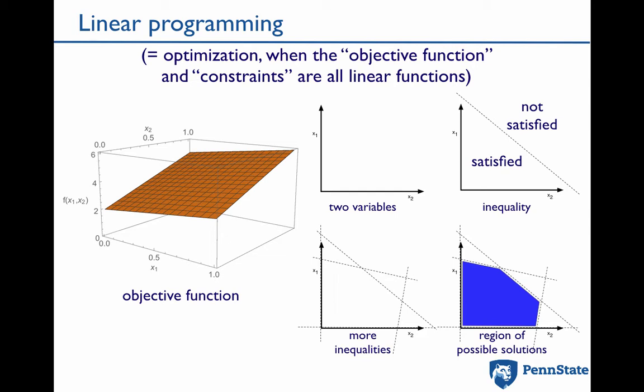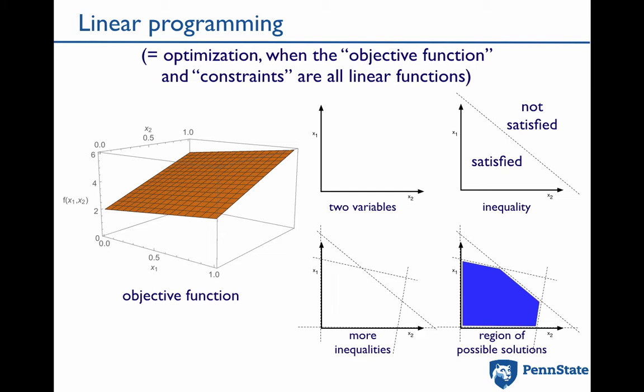So for example, the vertical dashed line parallel to the vertical axis there amounts to the constraint that x2 has to be positive, and the horizontal dashed line along the horizontal axis amounts to the constraint that x1 has to be positive.